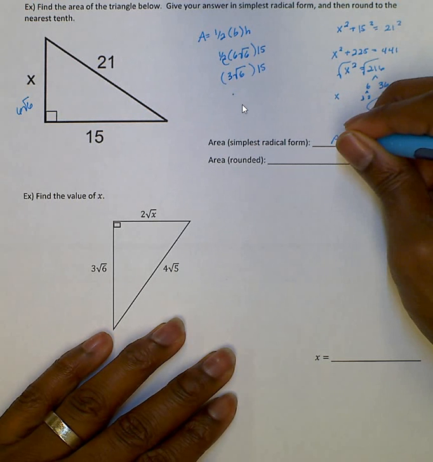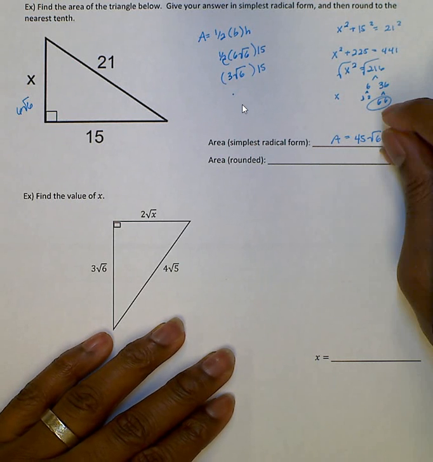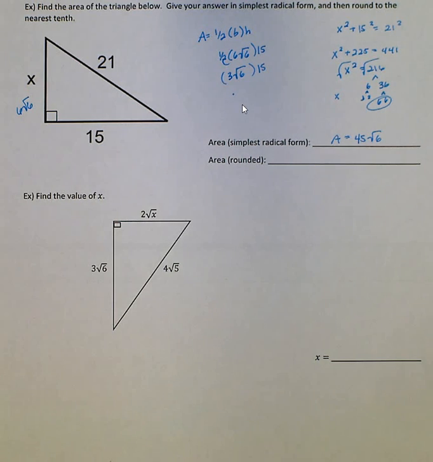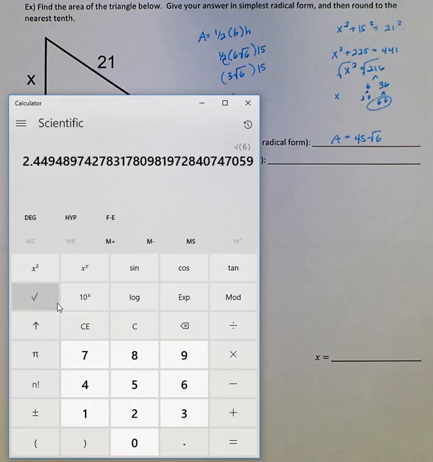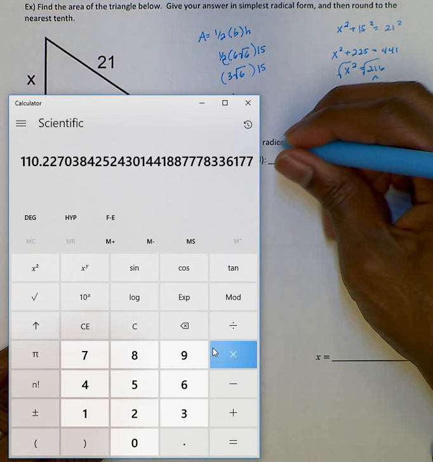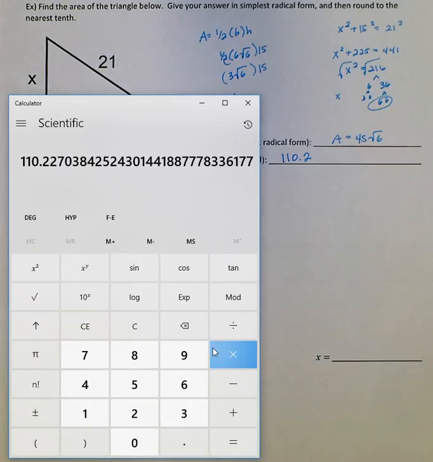So the area is 45 radical 6. Okay, now it says area rounded, because they want me to use a calculator for it. Alright, so I can do radical 6 times 45, and that gives me 110.2. Alright, so you can do both.